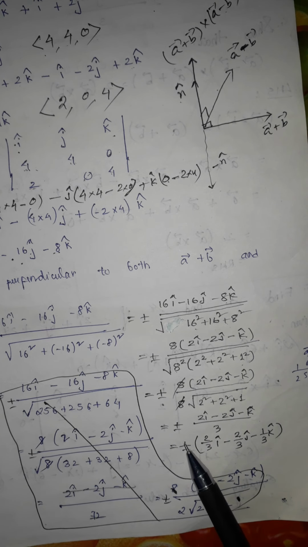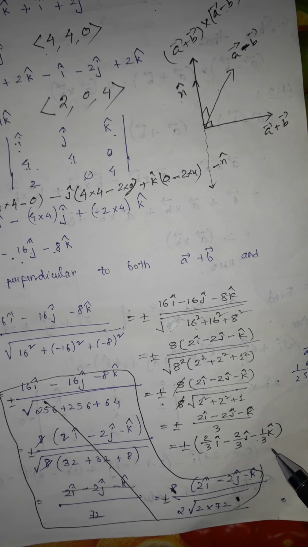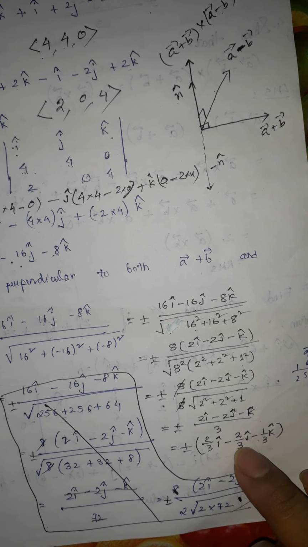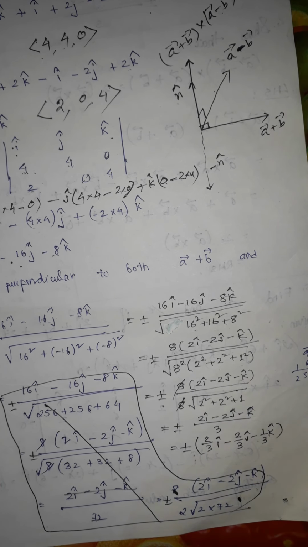So it will be plus minus 2 by 3 i minus 2 by 3 j minus 1 by 3 k. So this vector is the unit vector perpendicular to both a plus b and a minus b.